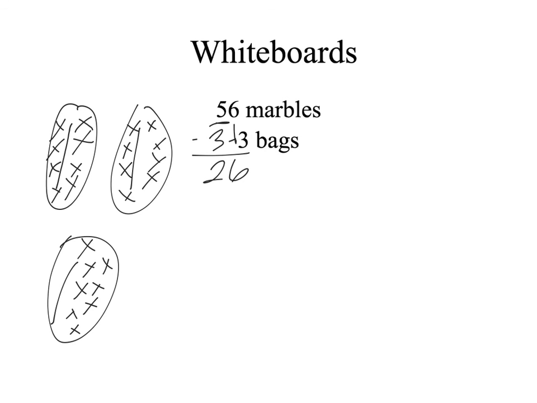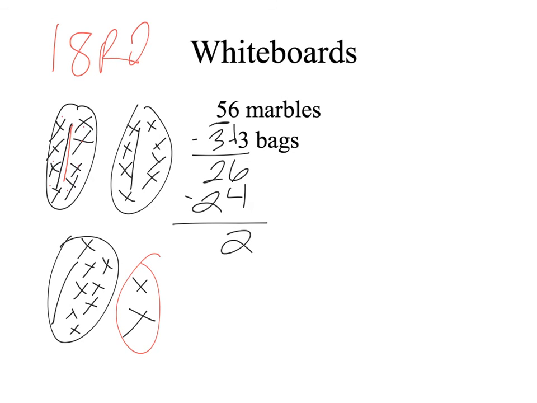I used 24, I have 26. I don't have enough to put in each one, so I'm going to subtract, which means I have 2 ones left over. If I count, I'm going to have 1 ten in each bag, and I'm going to have 8 ones in each bag with a remainder of 2.